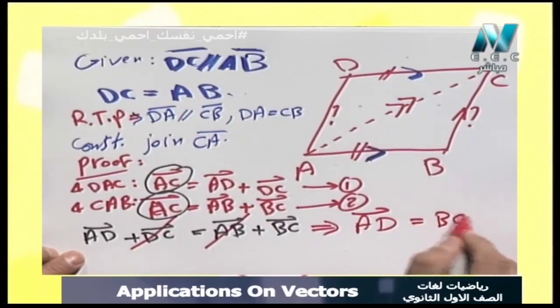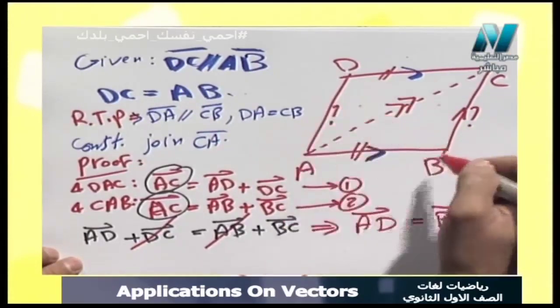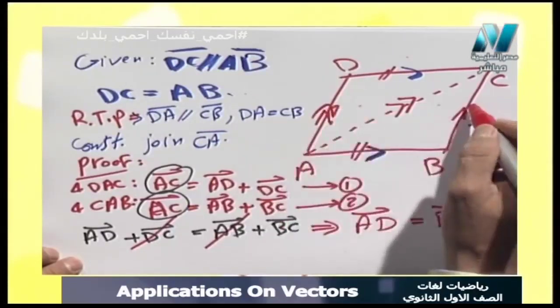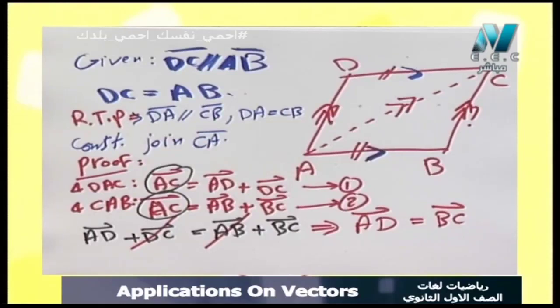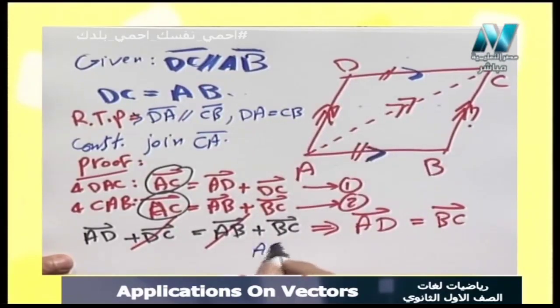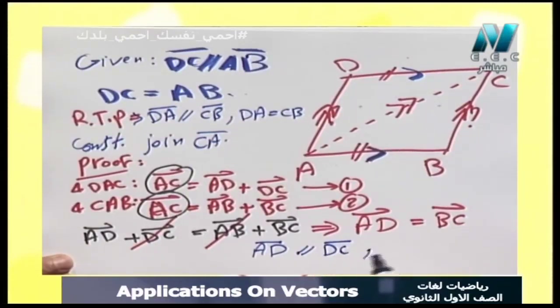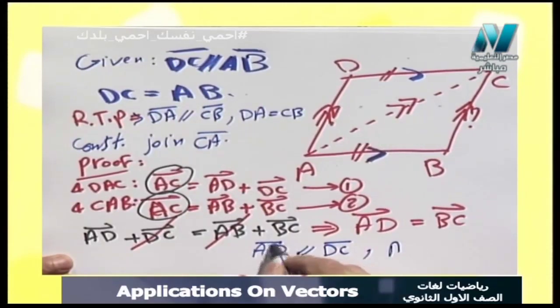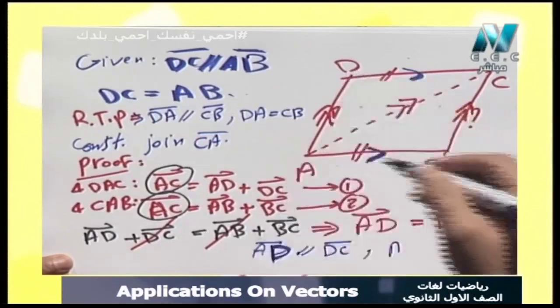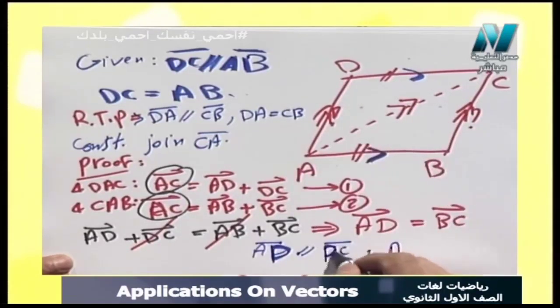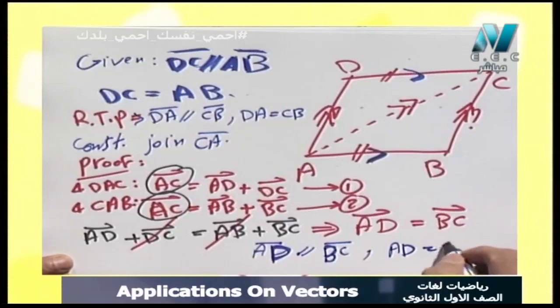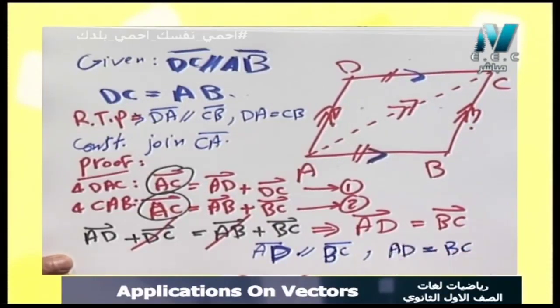equals the vector BC. The vector AD here is equal to the vector BC. What does it mean? It means that AD is parallel to BC, and the vector AD also equals the vector BC in length or in magnitude.